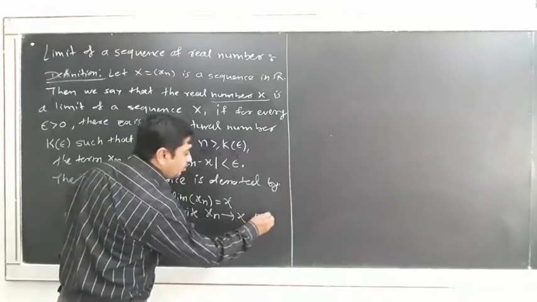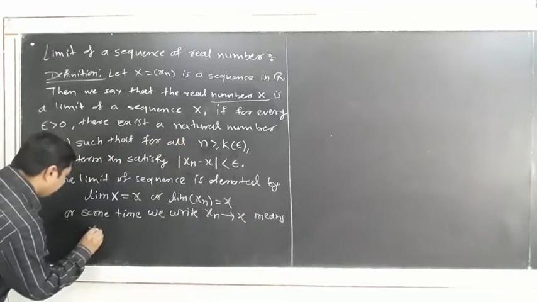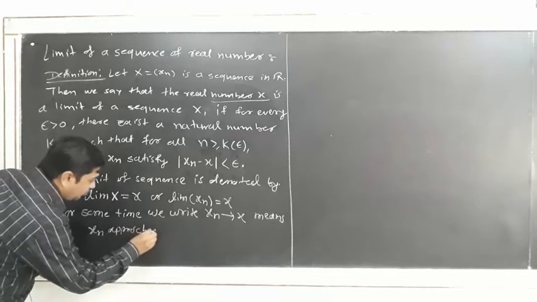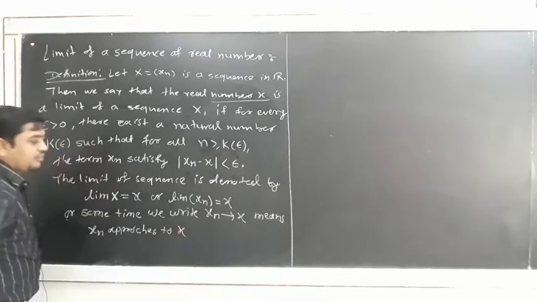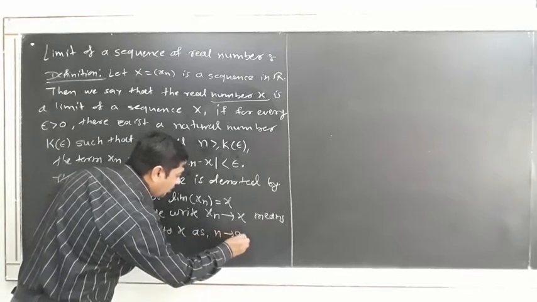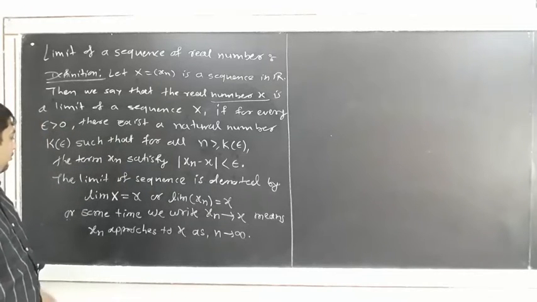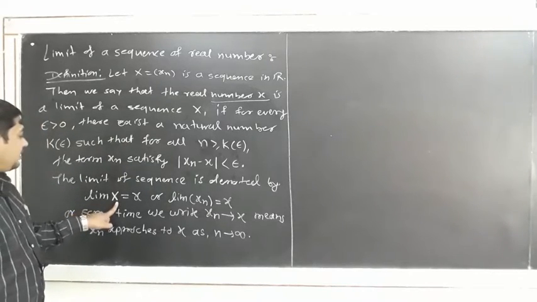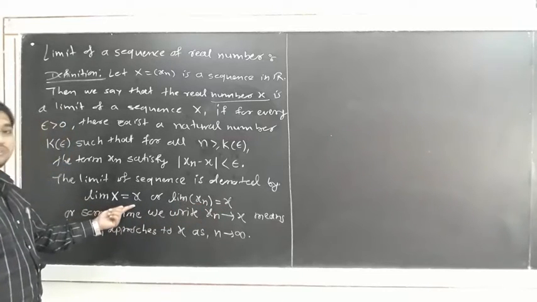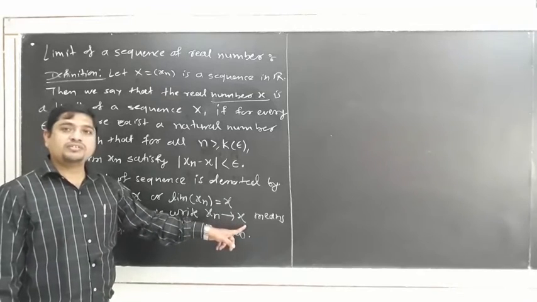What does it mean? xn approaches x as n tends to infinity. That means lim xn = x, or lim of the sequence X = x, or we can write xn tends to x.